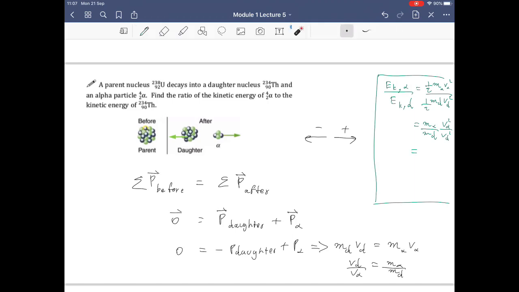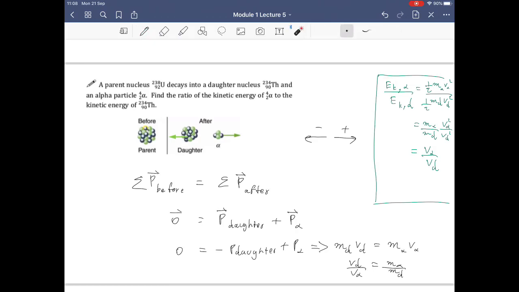But because now we know that v daughter over v alpha is m alpha over m daughter, finally what we have is v alpha over v daughter. Okay, so that is the result.